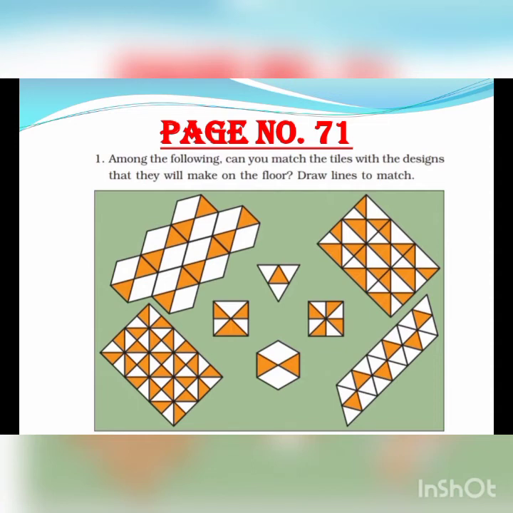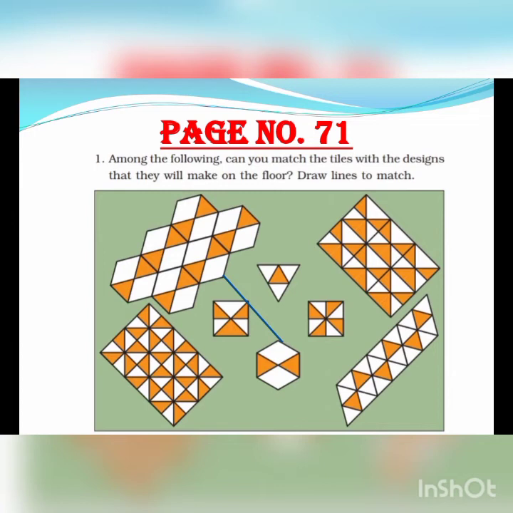In the first design, we can see that hexagon shaped tile is used. So we will match like this. Hexagon with hexagon. Am I right? Yes. In second design, we can see that square shaped tile is used.